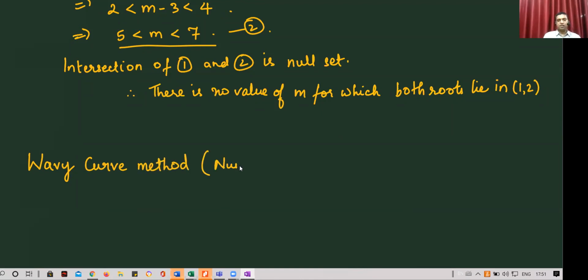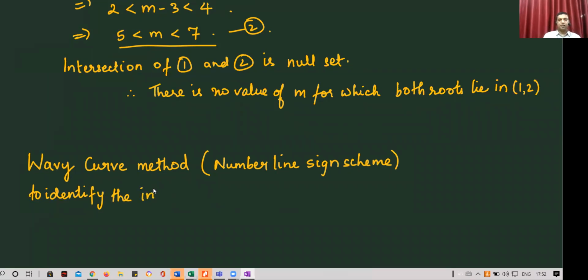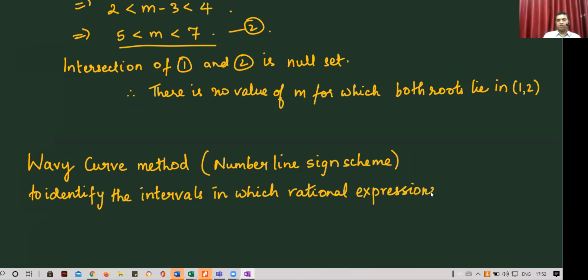It's also called, some books say, the number line sign scheme to identify the intervals where rational expressions are positive or negative.